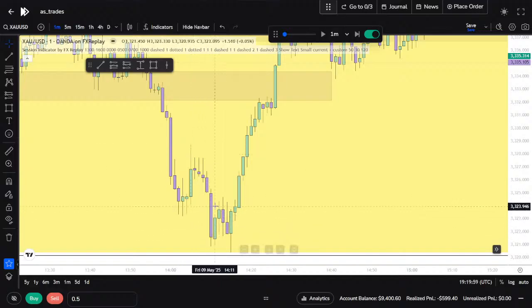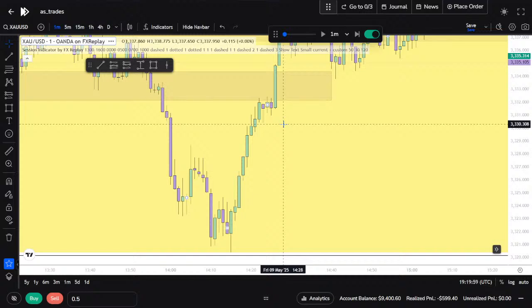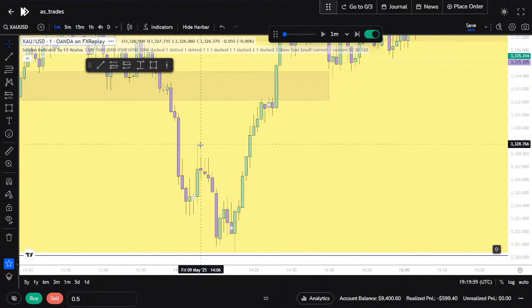Then there's another fair value gap here, price respects that too. But then this candle doesn't respect it, so there's a break of structure, and you would see if it would still respect this fair value gap, but it clearly didn't.